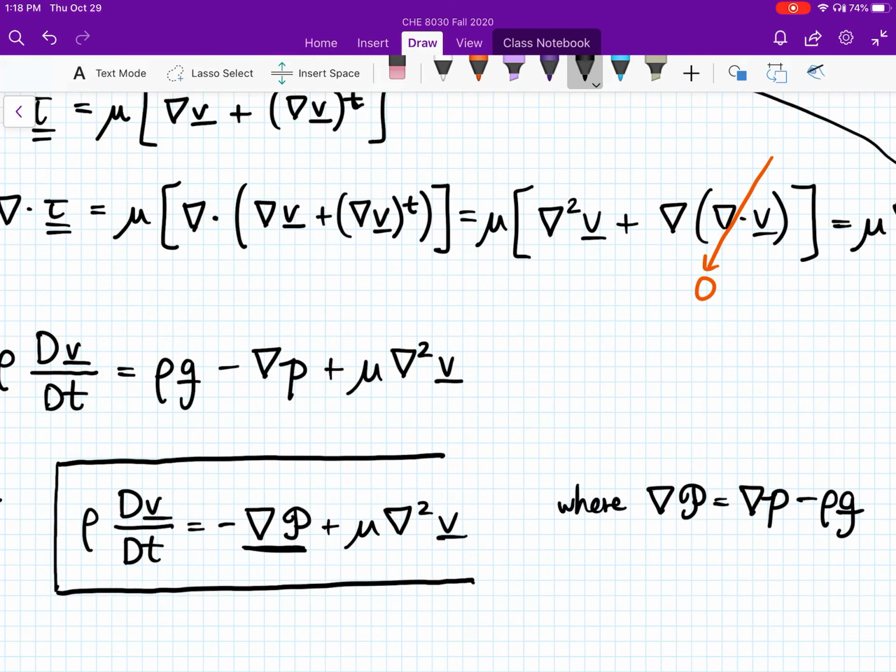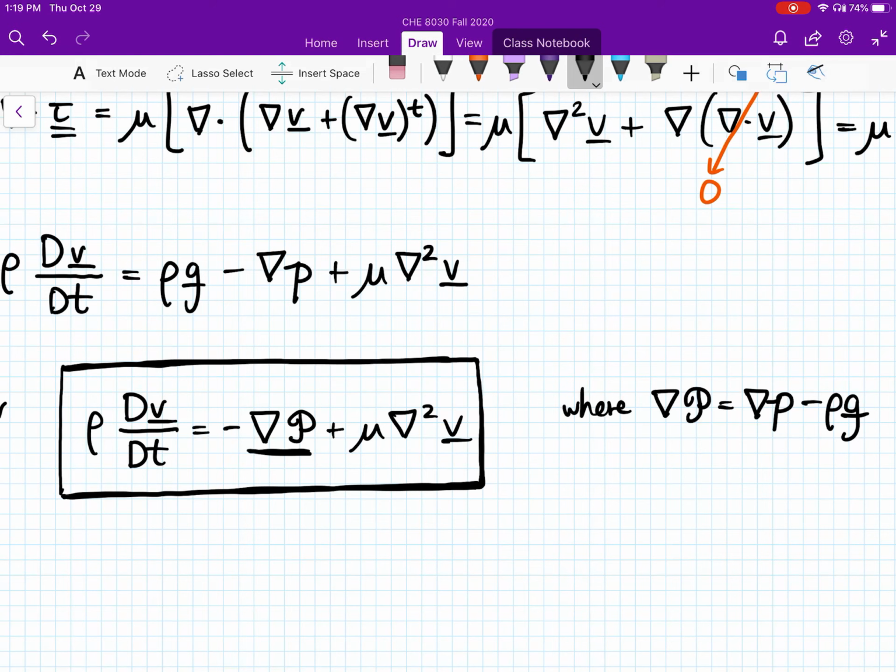This is oftentimes the preferred form because there isn't any directionality per se in this equation. With that Navier-Stokes equation, there is an accompanying continuity equation, and the continuity equation is simply that the divergence of my velocity is equal to 0.